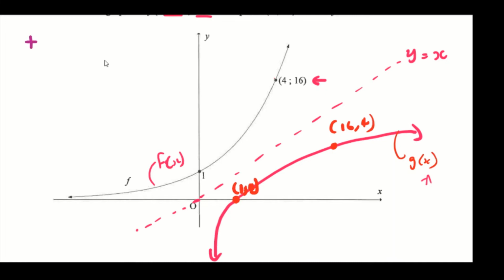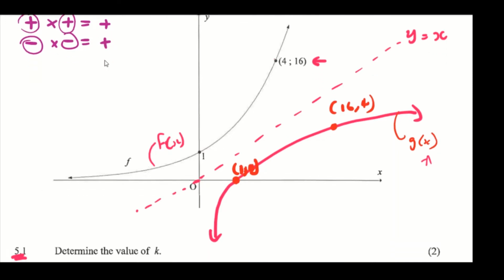For that, when you multiply a positive with a positive, you get a positive, or when you multiply a negative with a negative, you get a positive. So you want to check where both y values are positive or where both y values are negative. Unfortunately, there is no situation where both y values are negative.